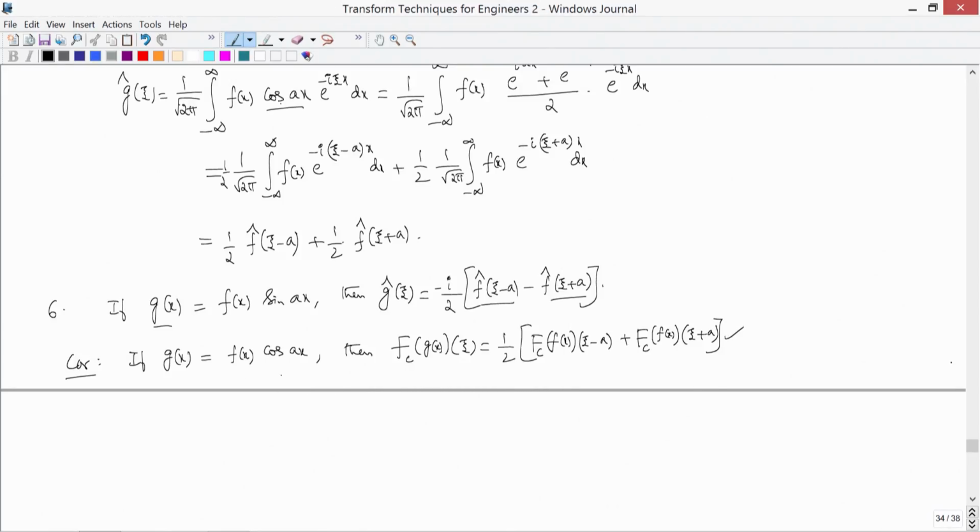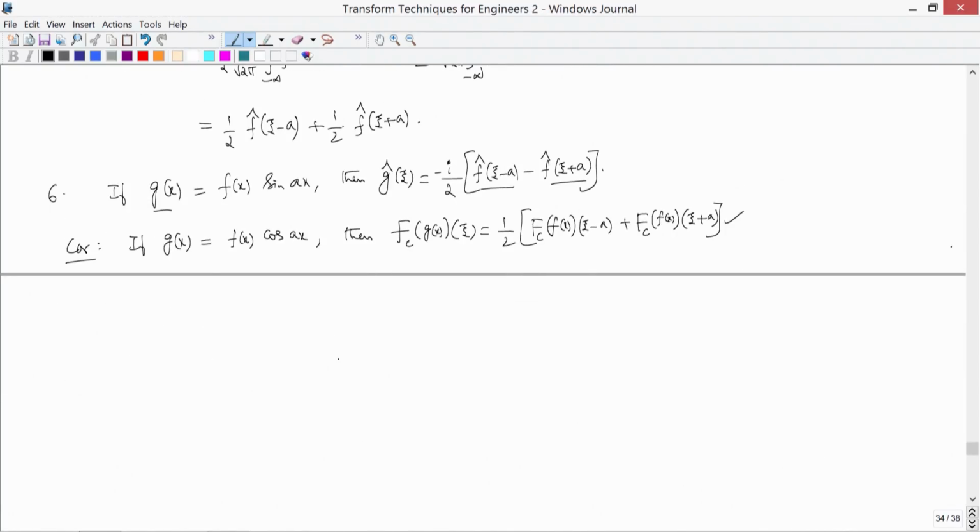Similarly, for sine, the Fourier sine transform also you can calculate, and you replace cosine by sine and calculate the Fourier sine transform of g, and the Fourier cosine transform of g. So, all the combinations you can get, and let me write all these corollaries.